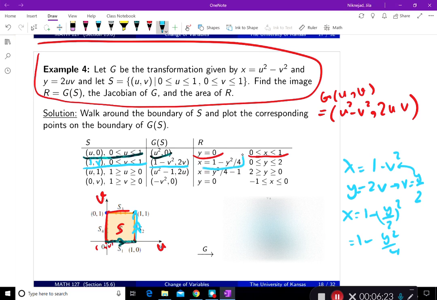And that's the equation of the piece of the curve in the xy plane. Notice that v is supposed to run between 0 and 1. Therefore y, which is 2v, has to run between 0 and 2. And so this is the second piece. And you see that there is a continuity between them.